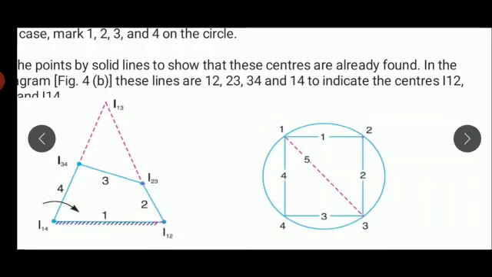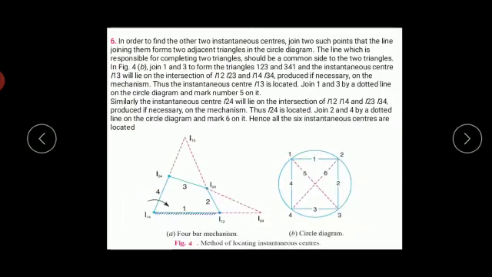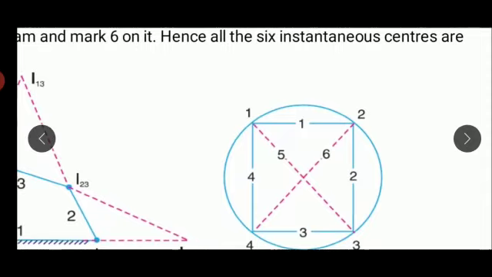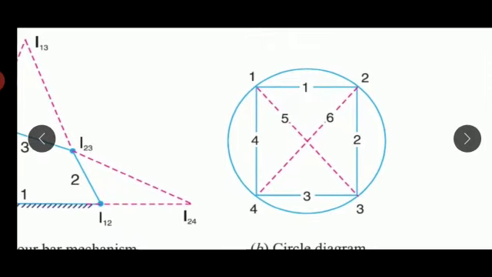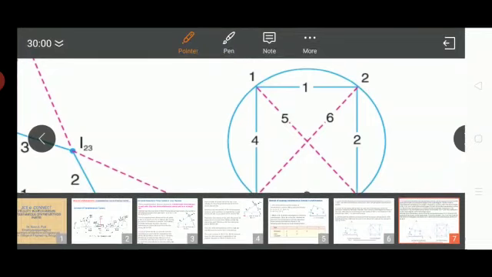Similarly we are required to locate the sixth instantaneous center. In order to locate it, we join points 2 and 4. When we join points 2 and 4, we again have two triangles: one is triangle 1, 2, 4, and the other is triangle 2, 3, 4.